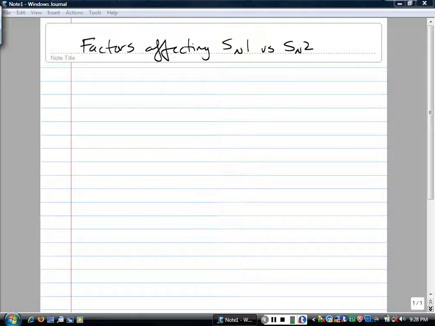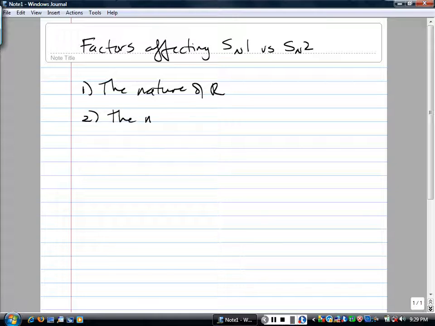Well, it turns out that the factors that affect SN1, SN2 partitioning depend upon, one, the nature of the alkyl group, so the nature of R. In other words, is R primary, secondary, tertiary, and so on. Two, the nature of X, where X is my leaving group.